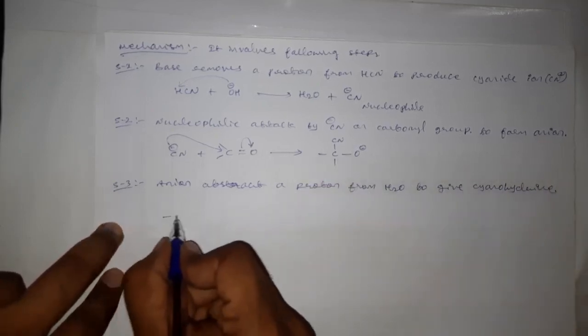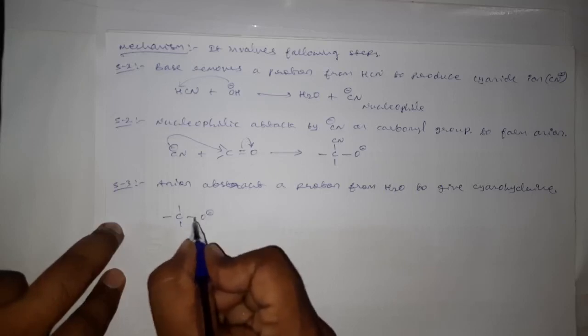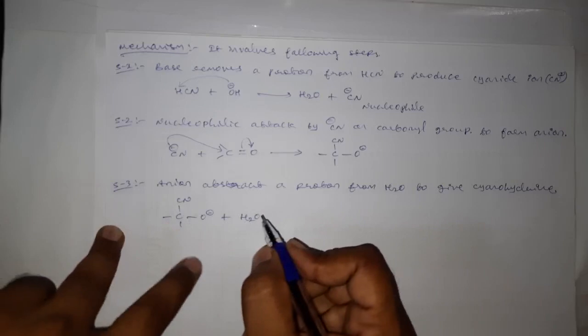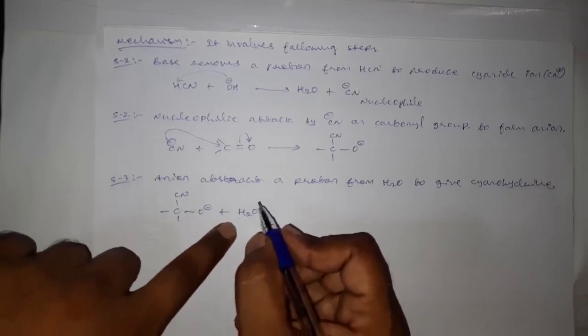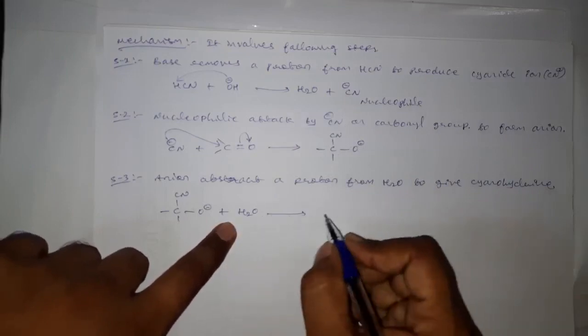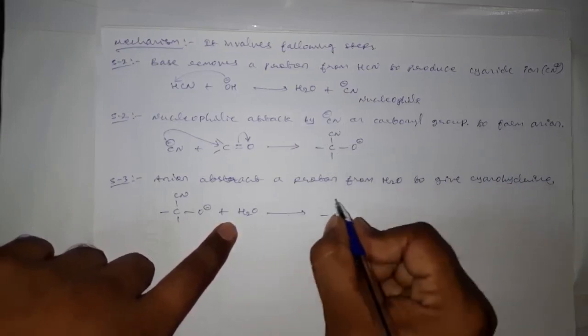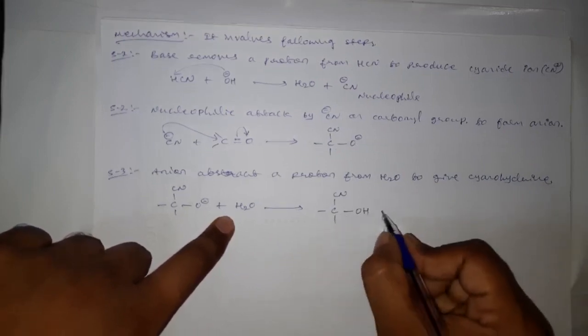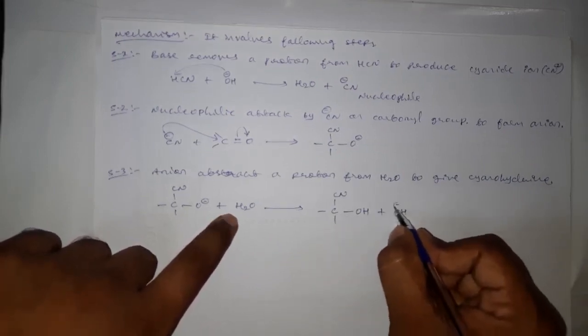This O minus anion abstracts one proton, one hydrogen with a positive charge, from the water formed in the first step, and hence we get the C(OH)(CN) product plus OH minus.